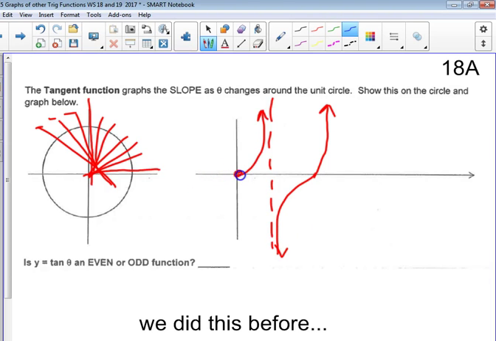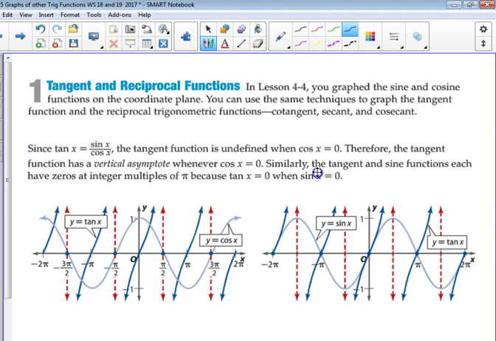Okay? I want to talk just a little bit about a couple other things here. This is kind of an interesting way to think about it. If you were to graph the cosine graph, tangent is sine over cosine. So everywhere that cosine hits 0, you'd have a 0 in the denominator, which means it'd be what? Undefined.